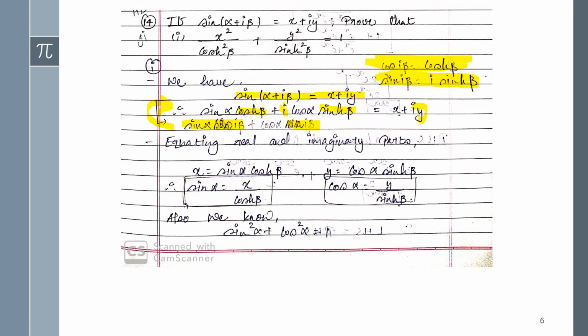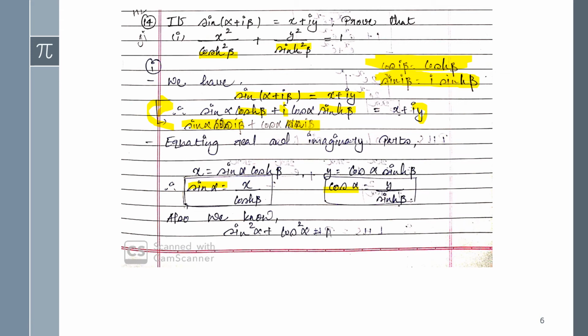And here I am going to make sin the subject, and here cos. Why have I made alpha the subject? Because you can see the first condition over here: the equation is given in the form of beta.